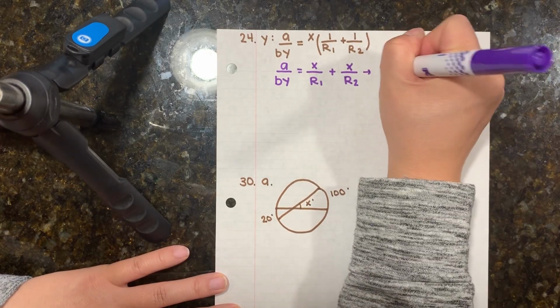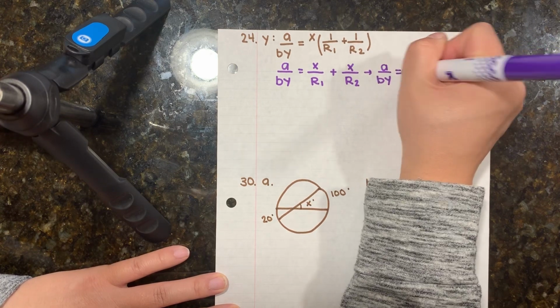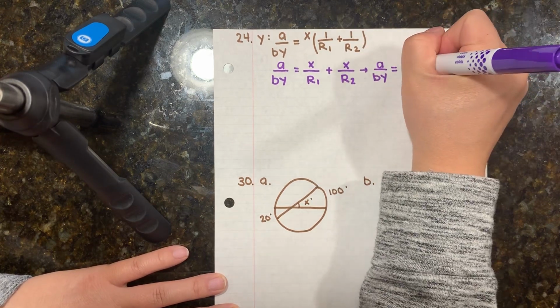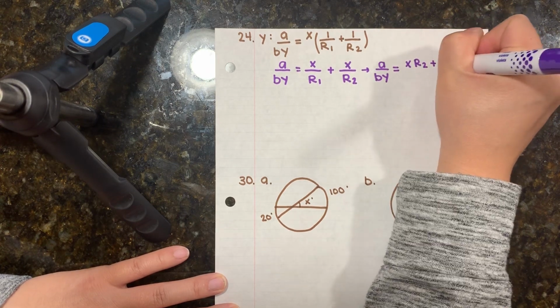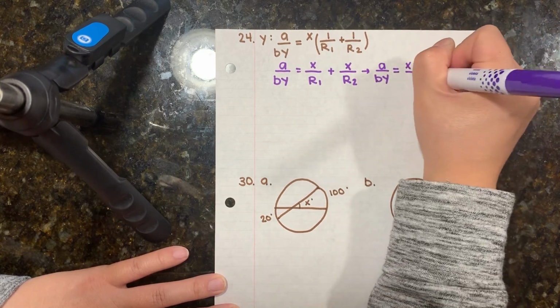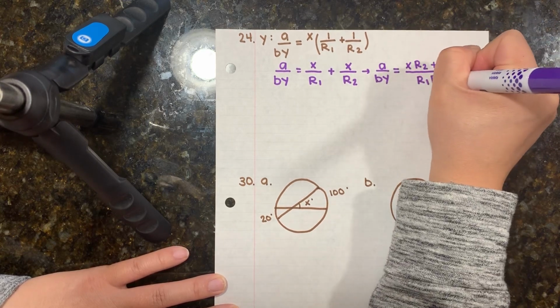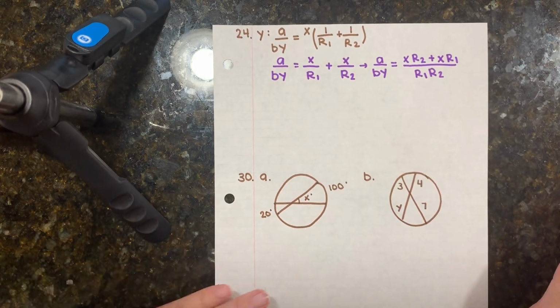The left side is going to stay the same at a over by. The right-hand side is going to become x r2 plus x r1 over r1 r2. So I made a common denominator on this side and added those fractions together.